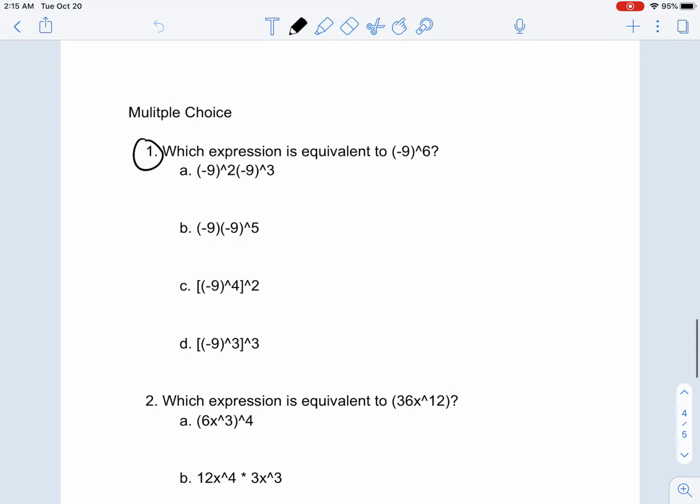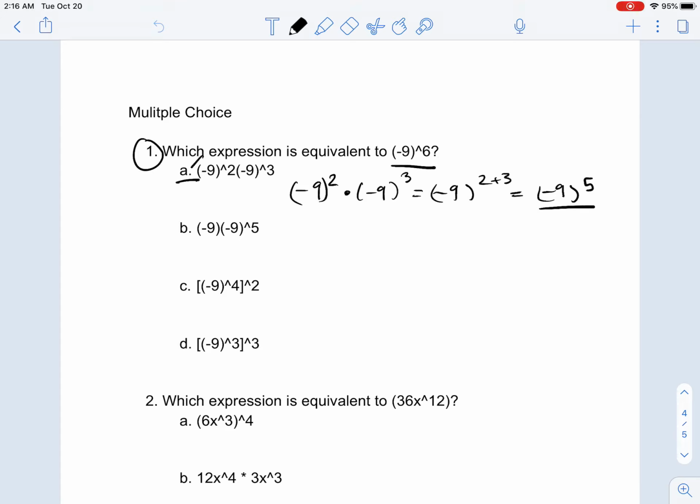Moving on. Now let's try this. Which expression is equivalent to negative 9 to the 6th power? Let's try A first. Negative 9 to the squared, negative 9 cubed. If we multiply these together, you get negative 9 to the 2 plus 3, which is equal to negative 9 to the 5th. Is this equal to this?